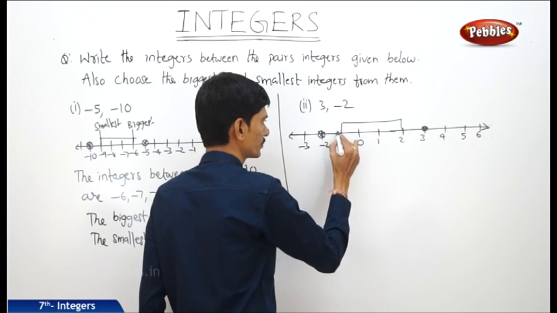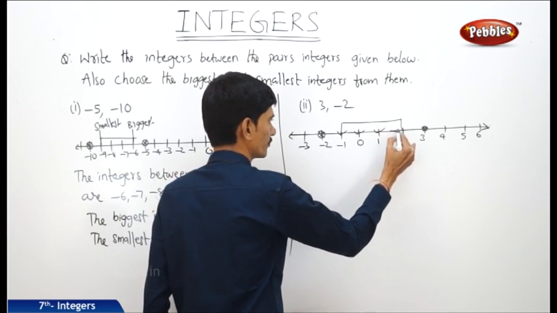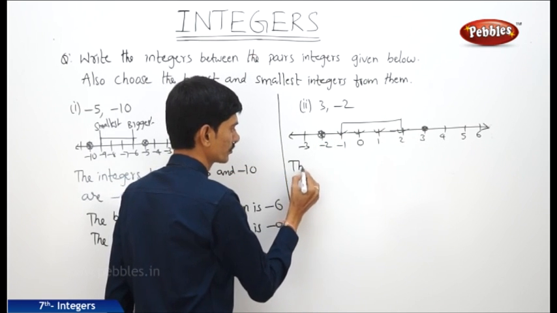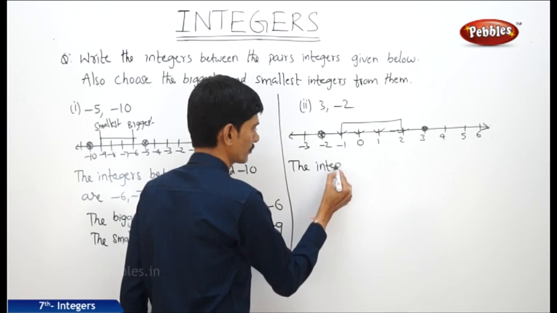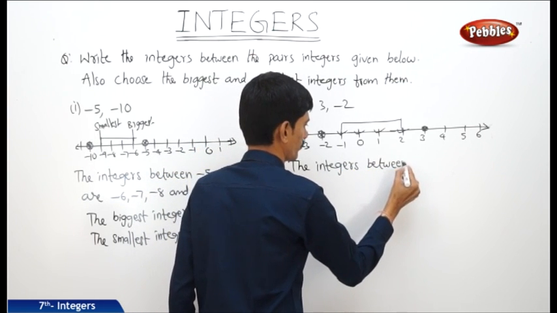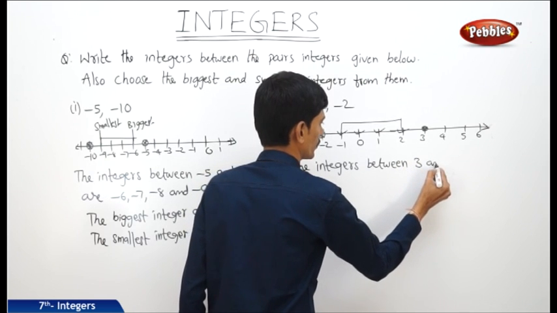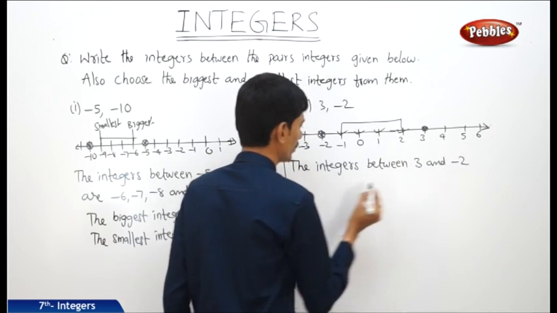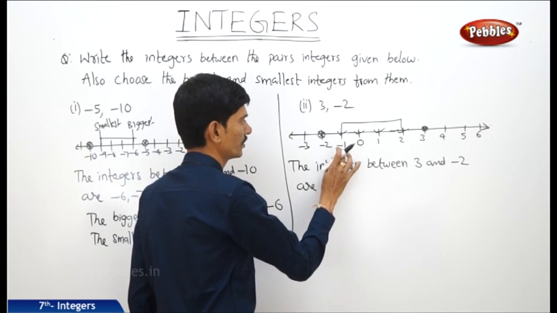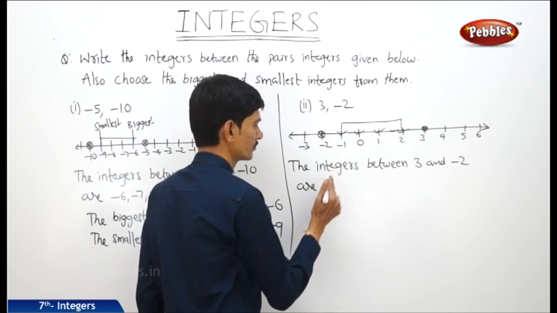So these are the integers between 3 and -2. So the integers between 3 and -2 are -1, 0, 1, 2.